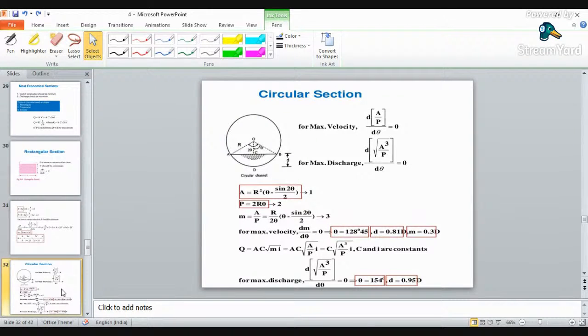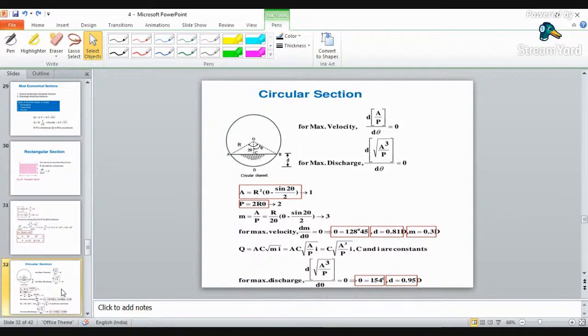Then the second one is your circular section. Okay, so here, when you differentiate dP by dD with respect to 0, in this case you have to differentiate your perimeter with respect to the angle theta and equate this with 0, so you will get the most economic channel section condition.